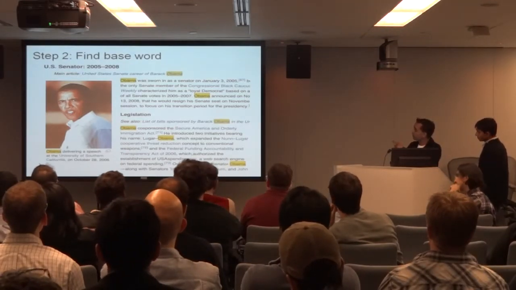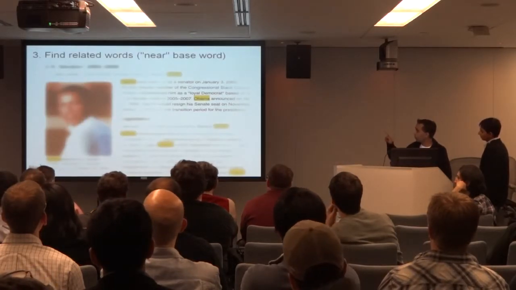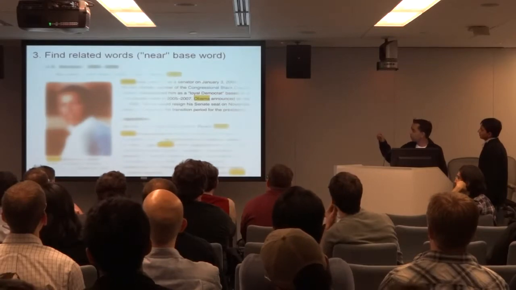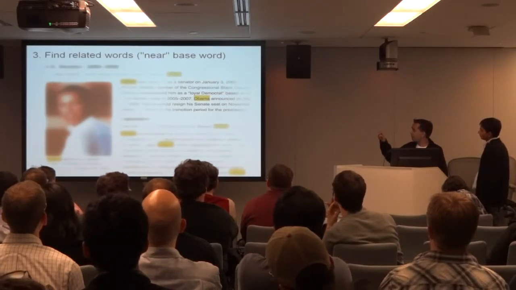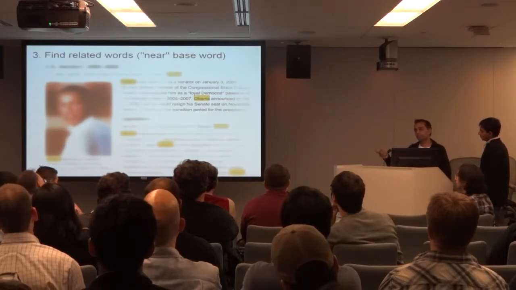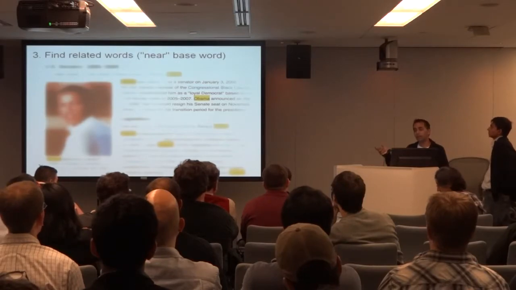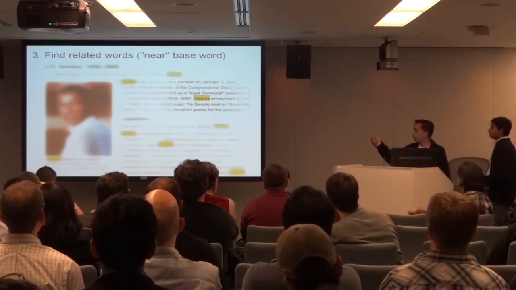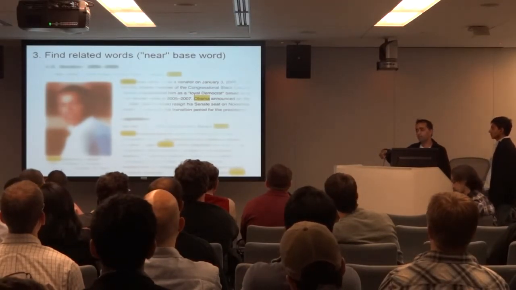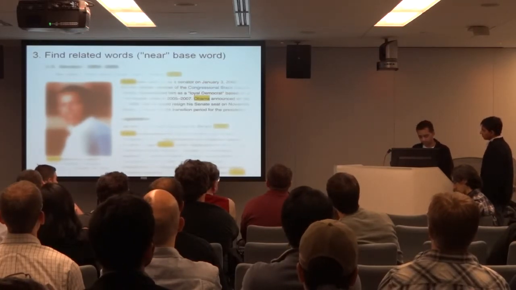For each occurrence of the word, we then look for other words close to that base word, and this is one of those heuristics that we used, that words which are near should get a higher weightage, and words become less relevant as you move farther down. It's one of the things that you can also tweak and play with.